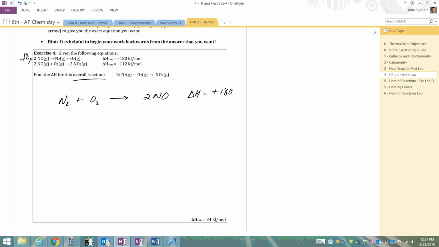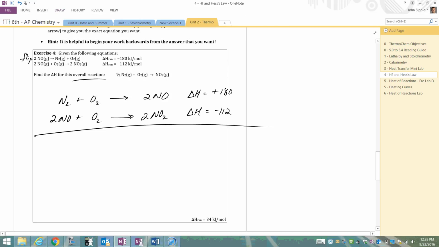All right. And this one right here looks okay. Everything looks to be in the right place. So I'm just going to rewrite that and see how they add together. I'm going to write that down below here. So we've got 2NO plus O2 going to 2NO2. The delta H is still equal to a negative 112. So I'm going to add these two equations together. Something to keep in mind is that anything that's on the reactant side and on the product side cancels each other out.